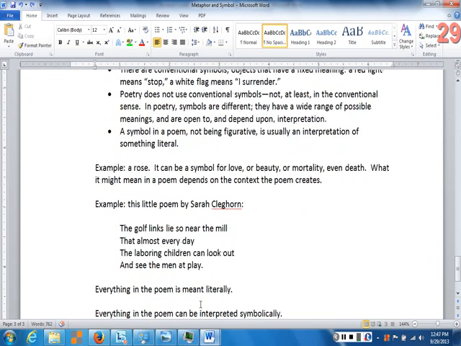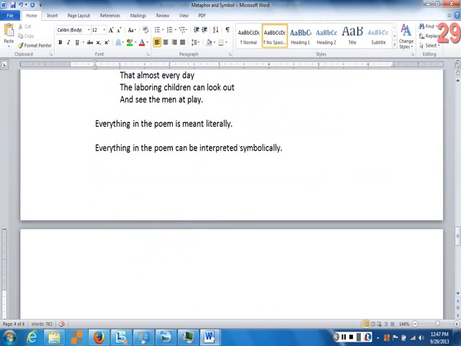Okay, everything in the poem then, I say, is meant literally, and everything in the poem can be interpreted symbolically. How? Use the context.